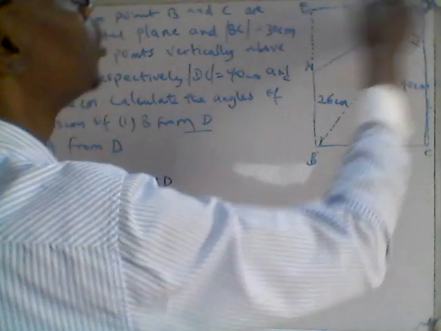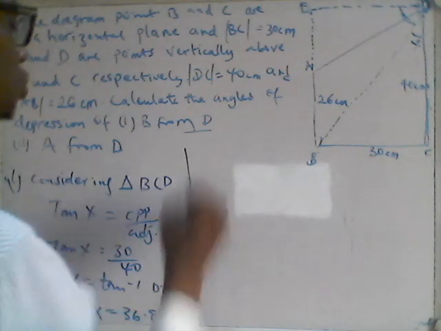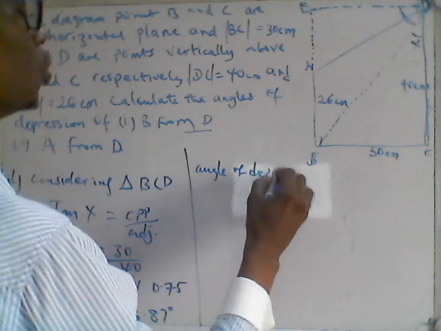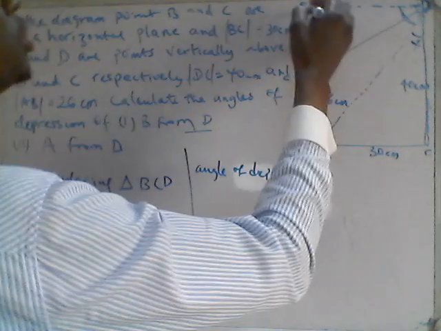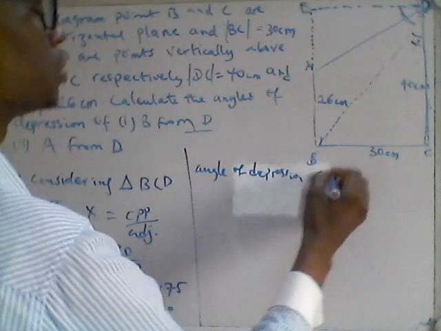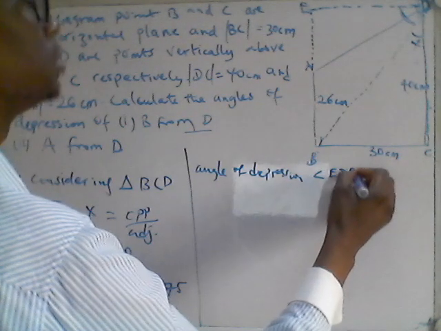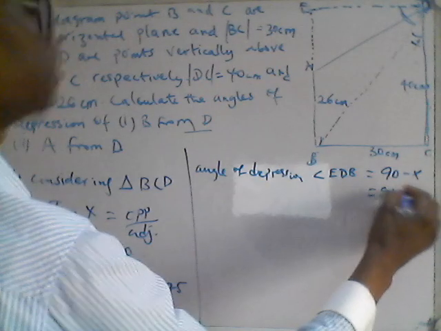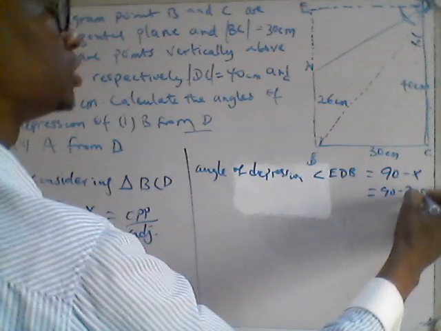But we're looking for the EDB angle. That's the angle of depression, which is angle EDB, is equal to 90 minus X, which is 90 minus 36.87.